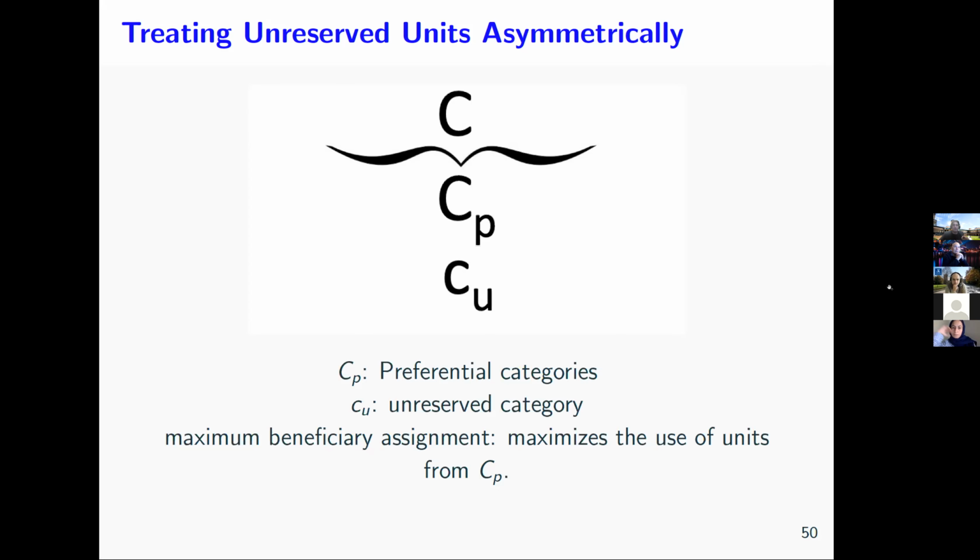It in fact also ensures that the maximum number of units are used from this subset of categories called the set of preferential categories, which is CP. Note here that the unreserved category allows for all agents being eligible for that category. It's a general public category. So for that reason, the moment you satisfy maximum beneficiary assignment and non-wastefulness, you also get, as an implication, a maximum size matching.